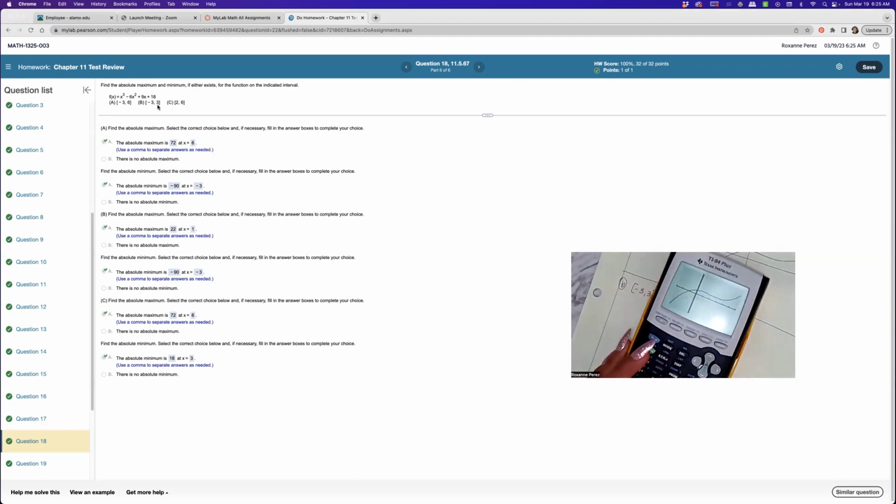So we need to come back over to our graph, change our window. Our x max is 3. Graph again. And there we go.